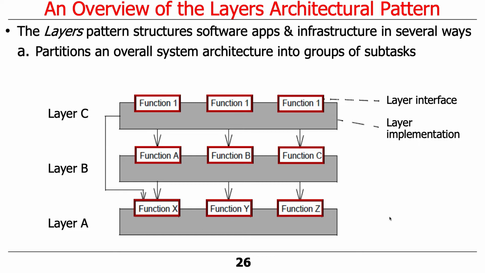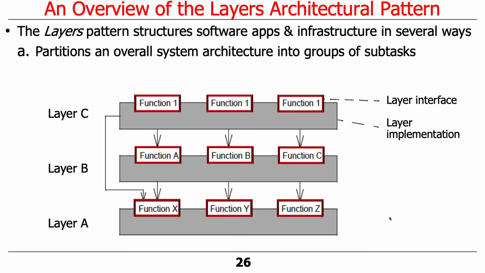And then, of course, you have the implementation of that interface. Naturally, the people who use a given layer, like layer C, will only interact with the implementation through the interface. And under the hood, you'll have different implementation details that will realize those implementations.